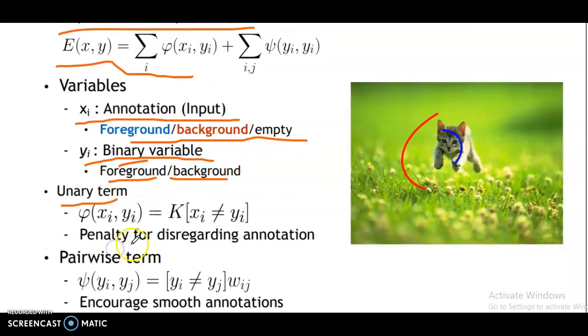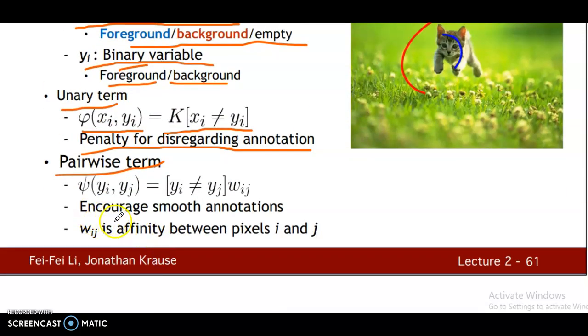Unary term pi of xi, yi equals k if xi not equal to yi, a penalty for disregarding annotation. Pairwise term psi of yi, yj equals indicator yi not equal to yj times wij, which encourages smooth annotations. Wij is the affinity between pixels i and j.